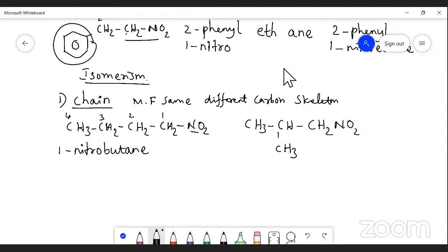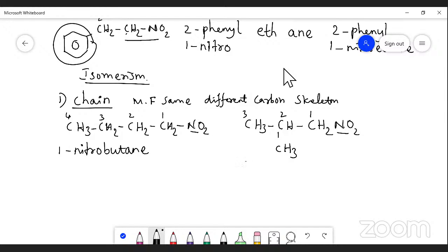What is this compound's name? The nitro group is the functional group here. The attached carbon is 1, the next carbon 2, the next carbon 3. At the second position a methyl group is attached, and at the first carbon the nitro group is attached.